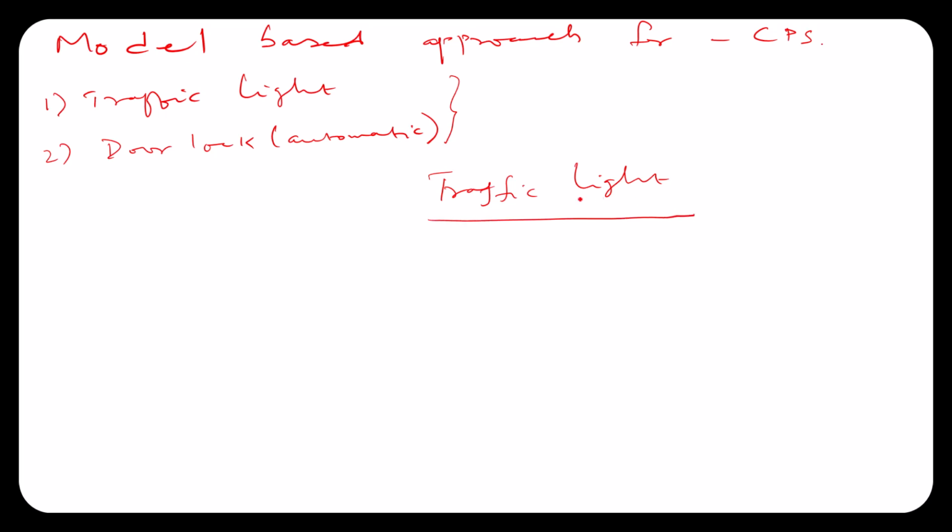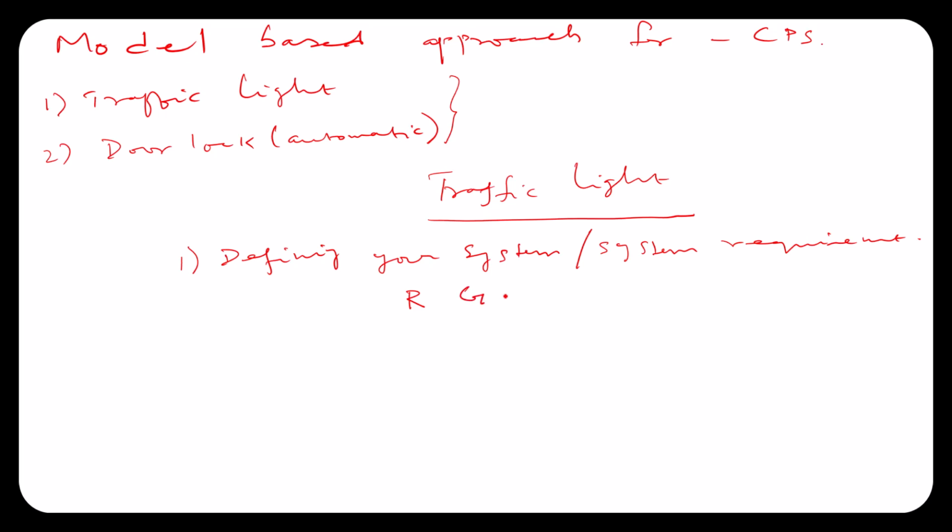So first, as discussed, the first approach should be defining your system, or in other words, the system requirement. Under that, if I have to define my system, I'm going to have three states: red, green, and yellow.